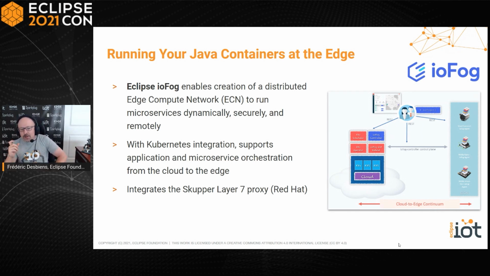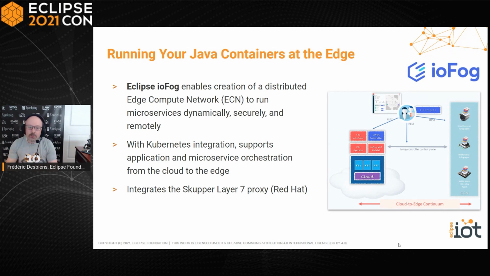And to give you an idea of how lightweight Eclipse ioFog is, it can run up to 3 containers on a little board like a Raspberry Pi Zero. And that is a very constrained environment. So obviously you need to design your microservices inside the containers according to the resource constraints that you have on such a small board.